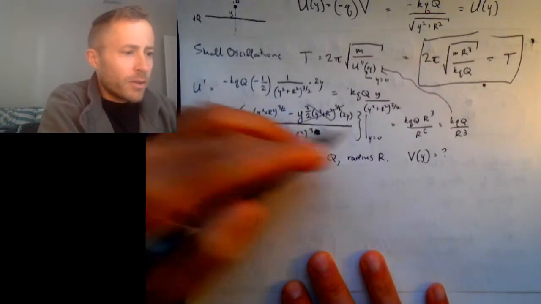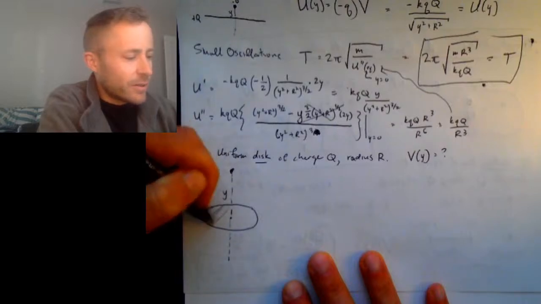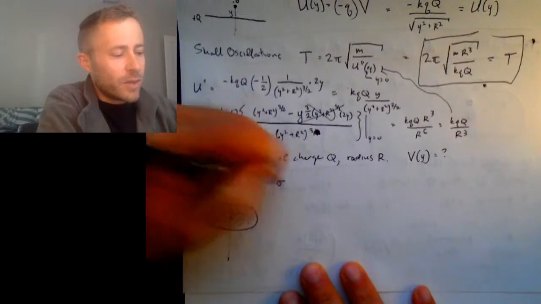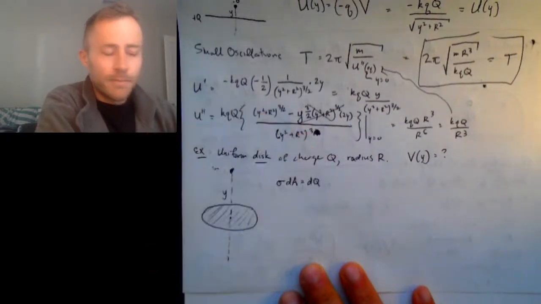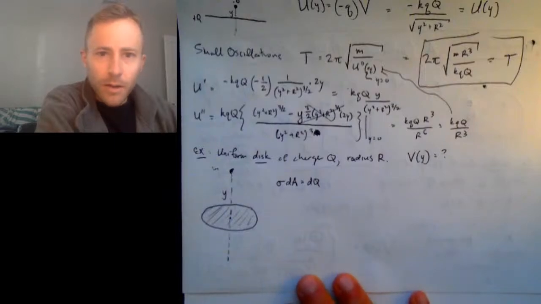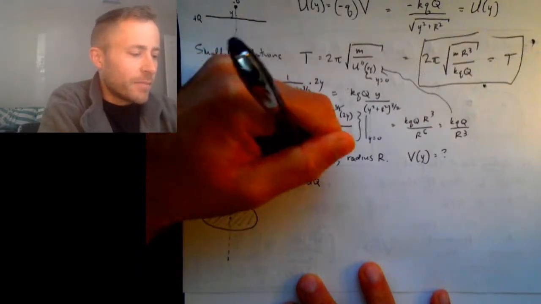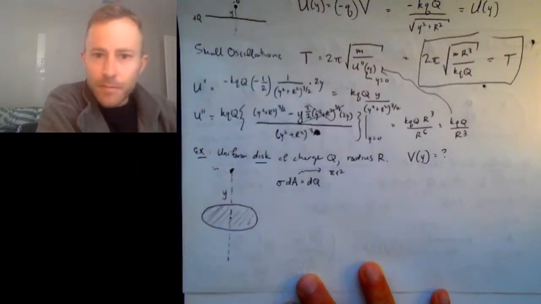So what I'm going to do is, first of all, because this is a disk of charge, I'm going to have sigma dA equals dq. All right. And so because it's a disk, my area is pi r squared.